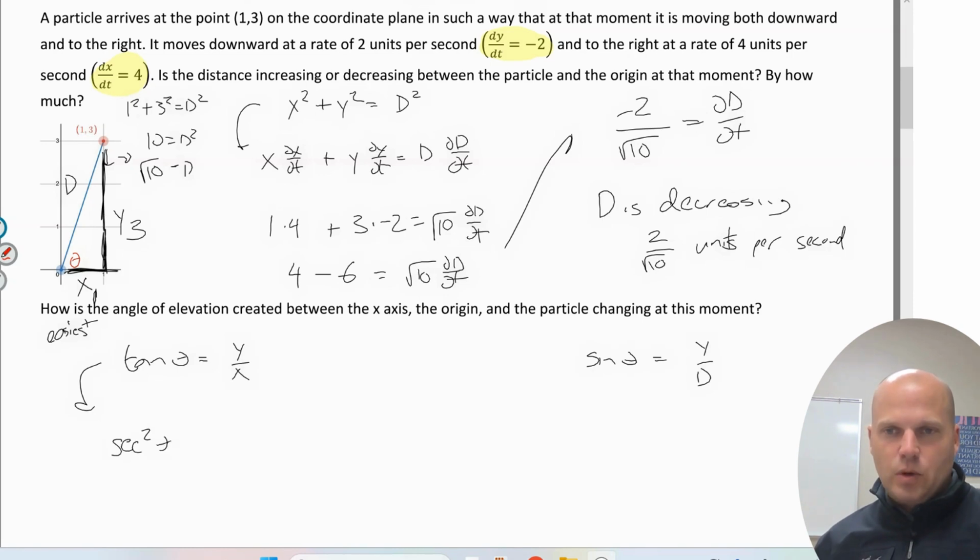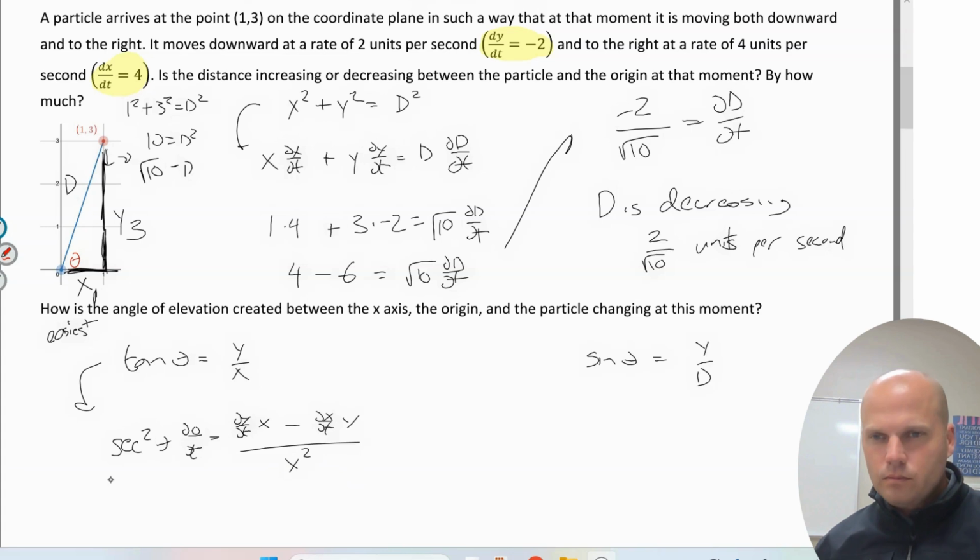So I get secant squared theta d theta dt equals dy dt times x minus dx dt times y, all over x squared. Cool. Secant squared theta would be cosine theta flipped and squared. The cosine of theta would be 1 over root 10.